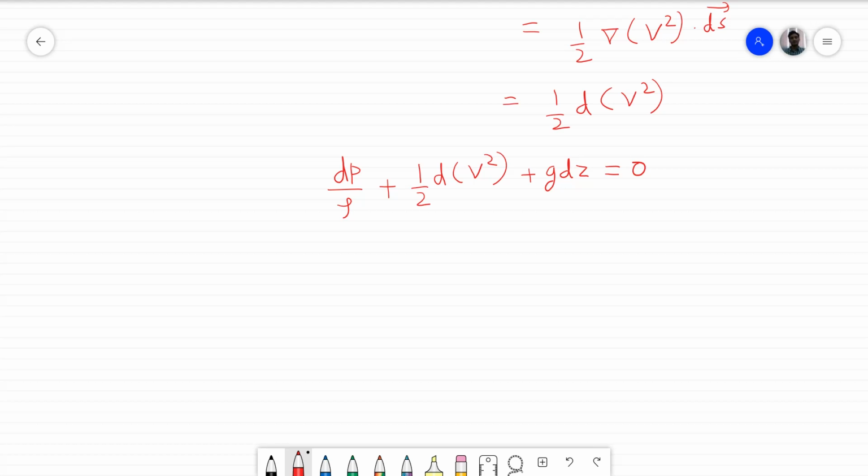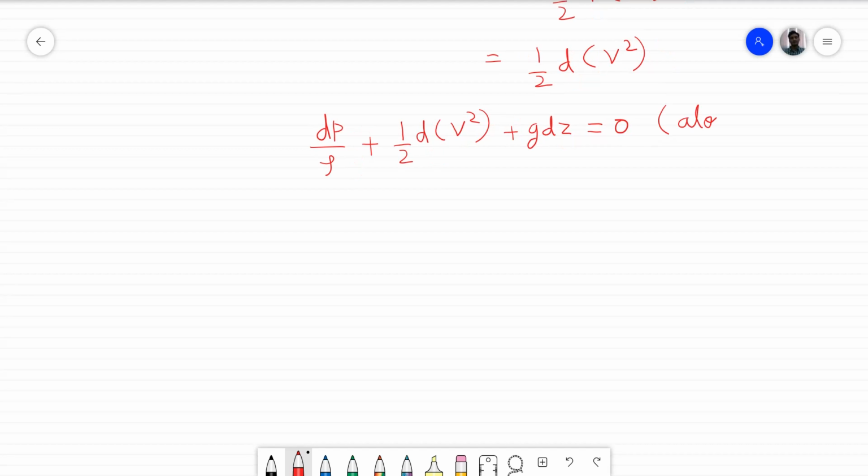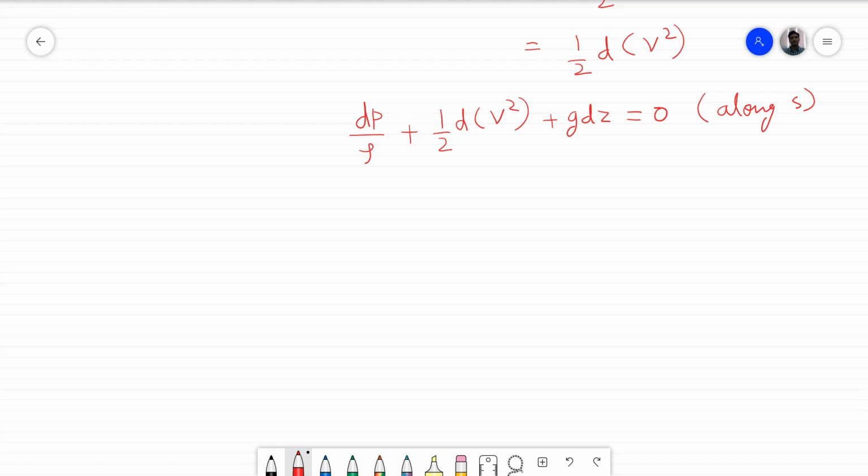These have to be taken along the streamline S. So we can write in the bracket, this is along S, along the streamline S.